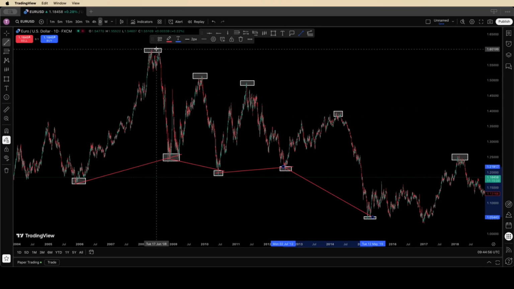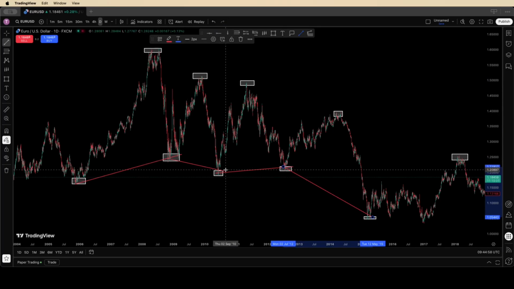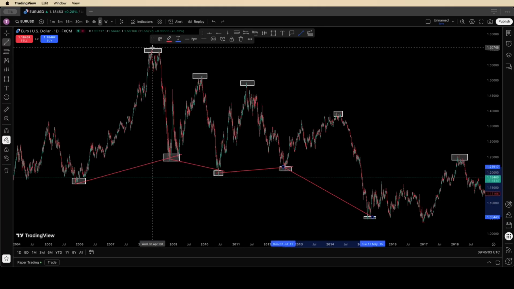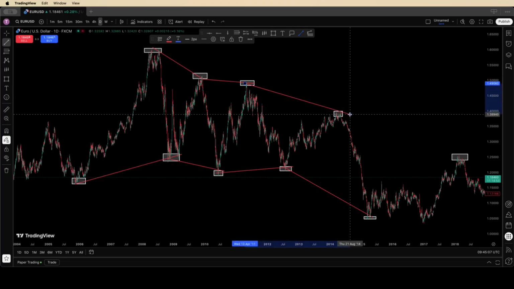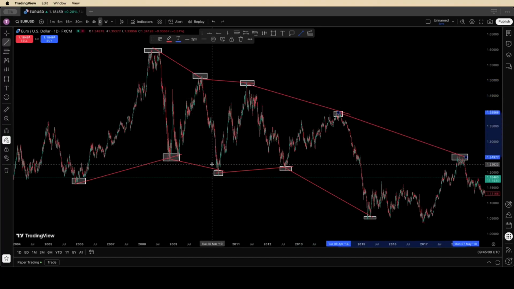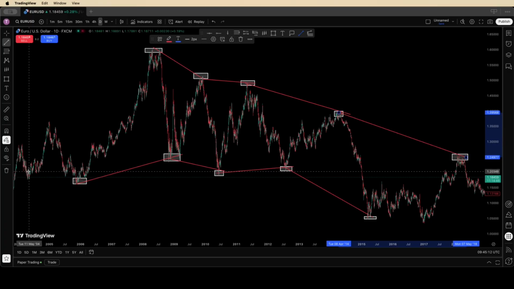So overall, from the lows you see it's increasing and then slightly decreasing, and then the highs are dropping, dropping, dropping. So we can say that at this point it's still in the range market.